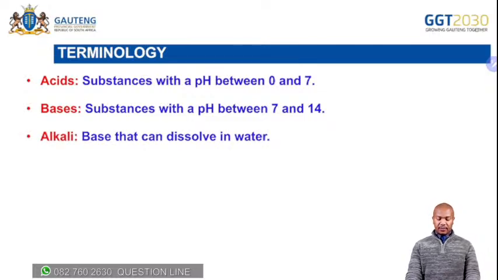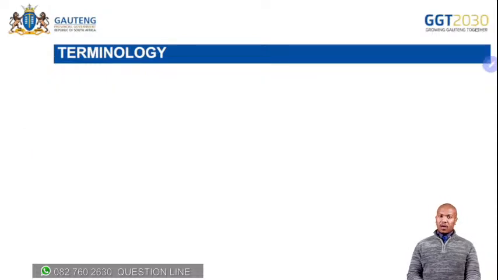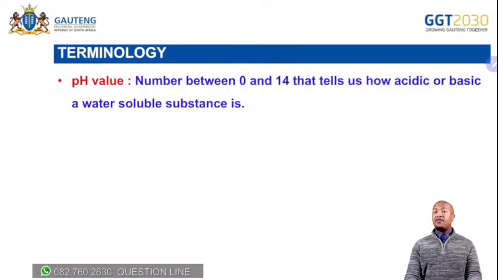Also, alkali. Alkali is a base that can dissolve in water. We also have pH value. It's important to grasp this one because it is the topic for today as well, right? pH value is the number between 0 and 14 that tells us how acidic or basic a soluble substance is.